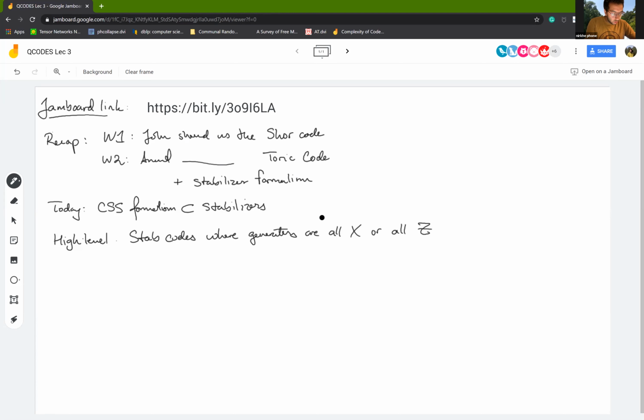So just a notation that's going to be very useful is we're going to refer to x to the a. Okay, this is an operator.